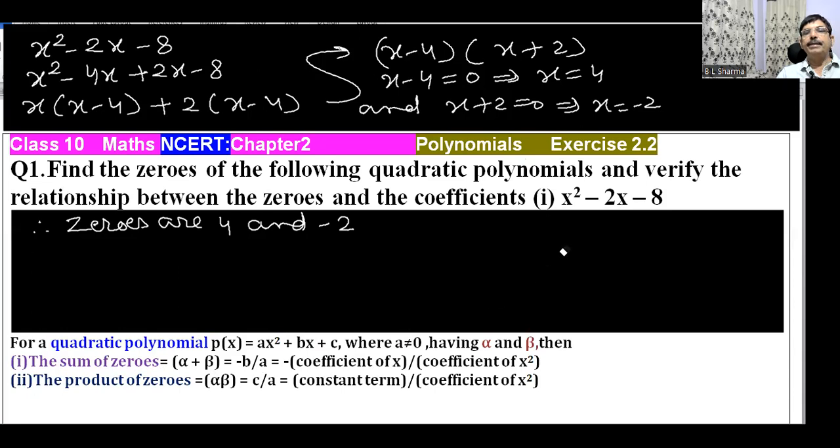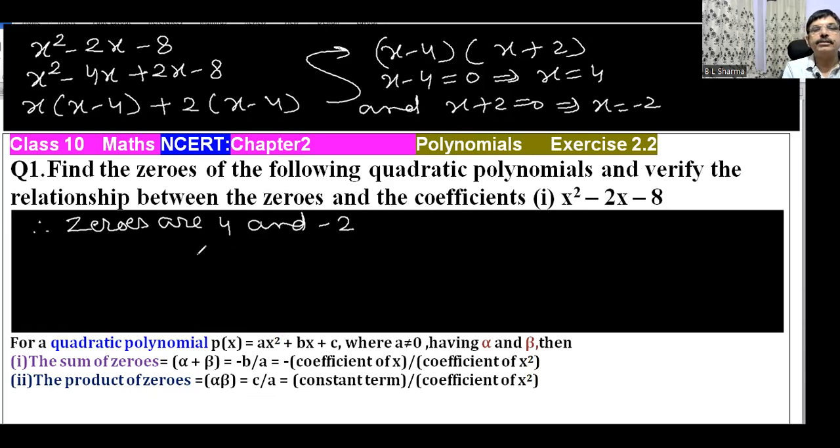Minus b upon a means the negative of the coefficient of x divided by the coefficient of x square. The second relationship is that the product of zeros, alpha into beta, is c upon a. C is the constant term upon the coefficient of x square.